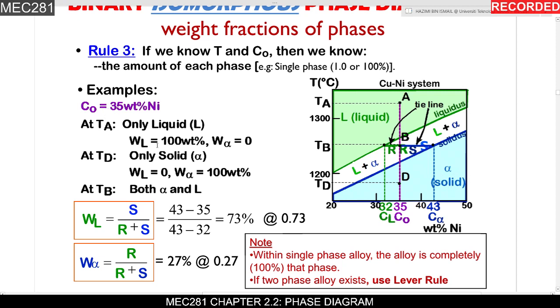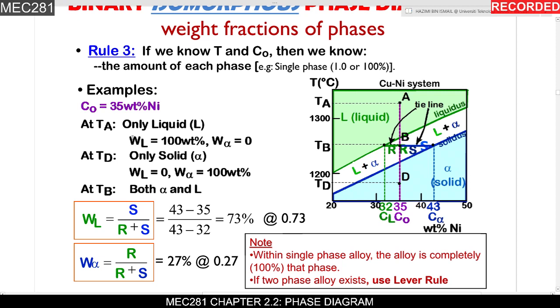For example, composition 35% at TA: we put 100% liquid as the weight fraction.